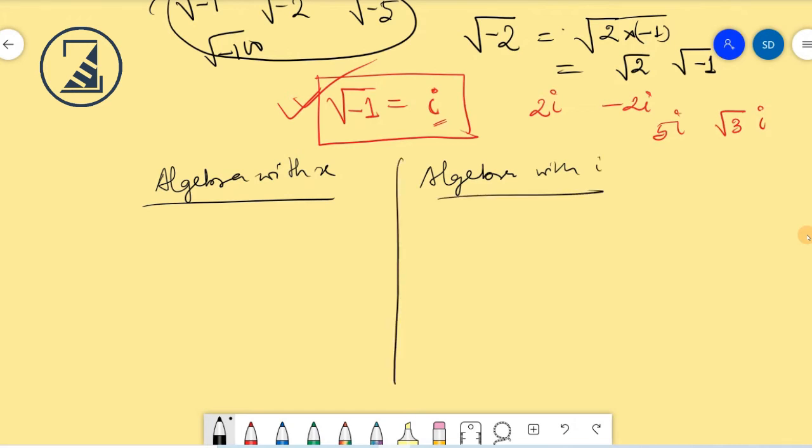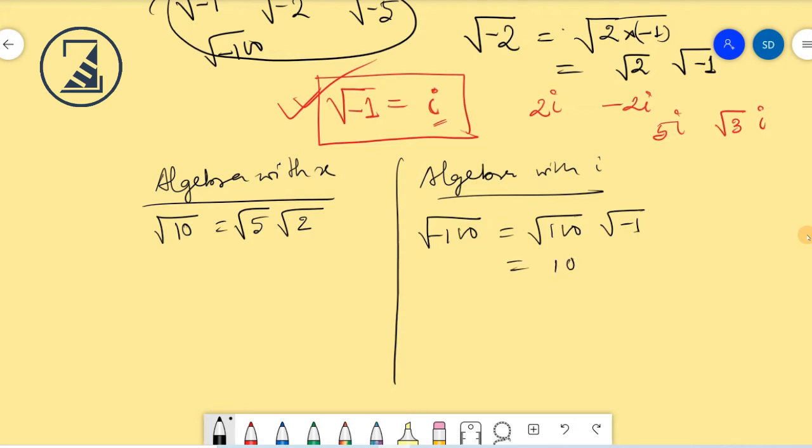This is pretty standard. Square root of 10 can be written as square root of 5 and square root of 2, right? So square root of minus 100 can be written as square root of 100 times square root of minus 1. This is nothing but 10 times square root of minus 1, which is 10i.